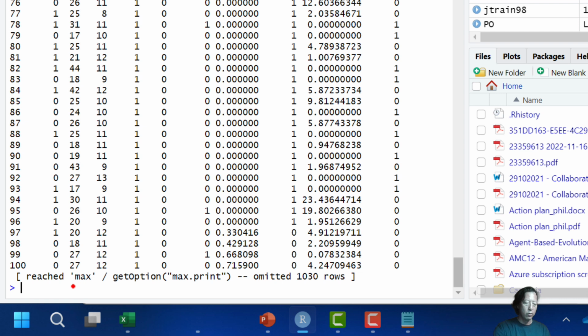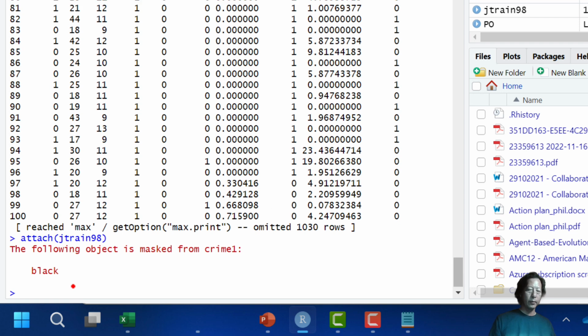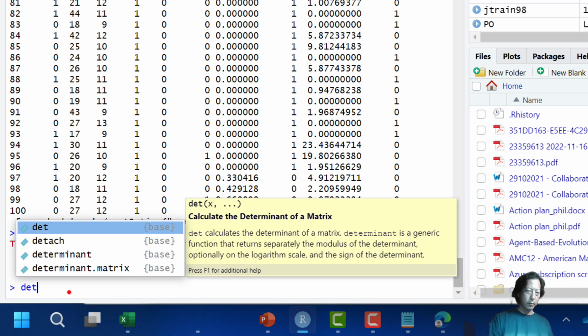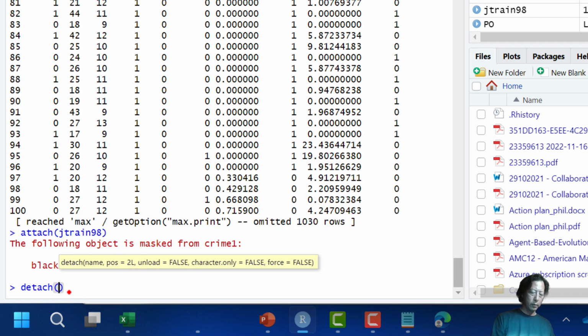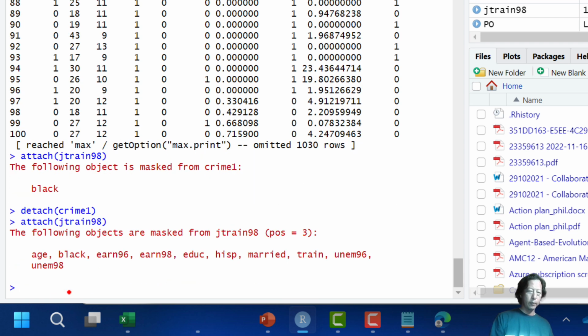And then we can do the JTrain. So I can detach the client and then attach JTrain.